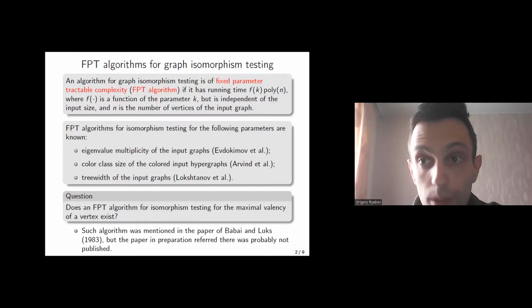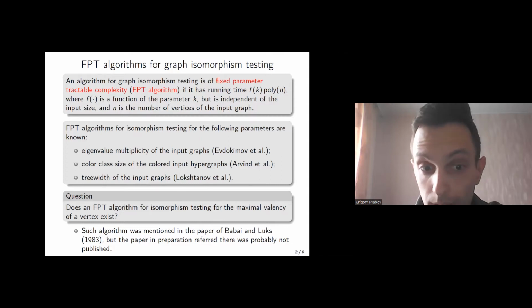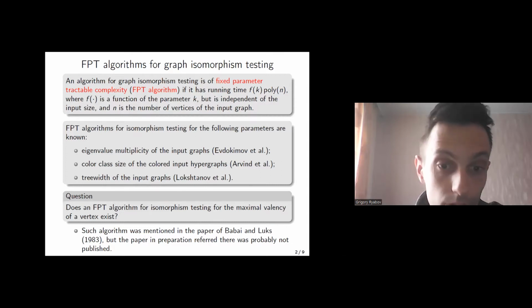And we have a natural question here concerned maybe with the easiest parameter of the graph, namely with the maximal valency of a vertex. Does an FPT algorithm for isomorphism testing for the maximal valency of a vertex exist?